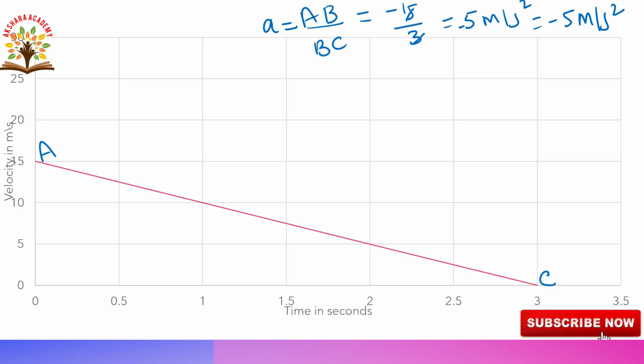Next we are calculating distance covered from this graph. Distance covered is equal to the area of triangle ABC.